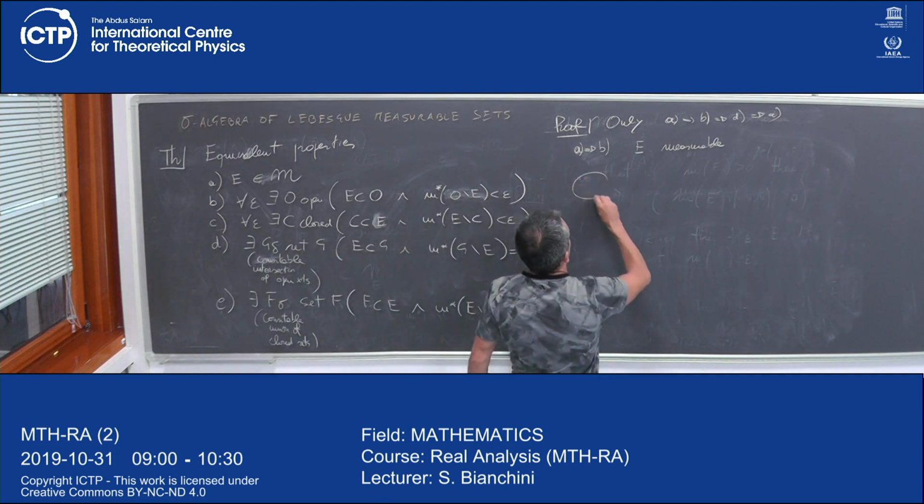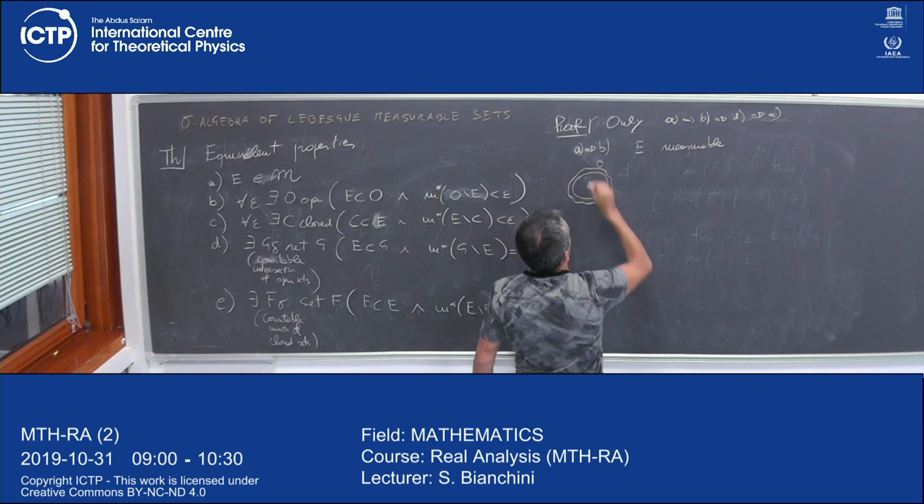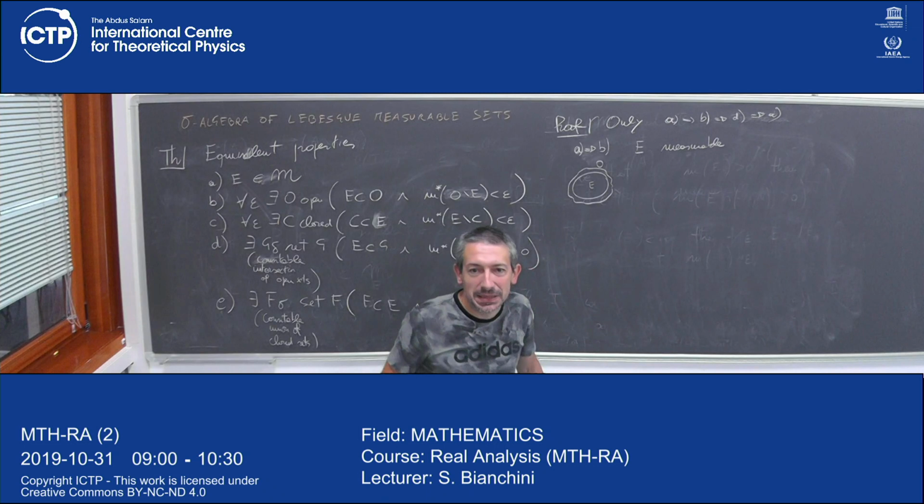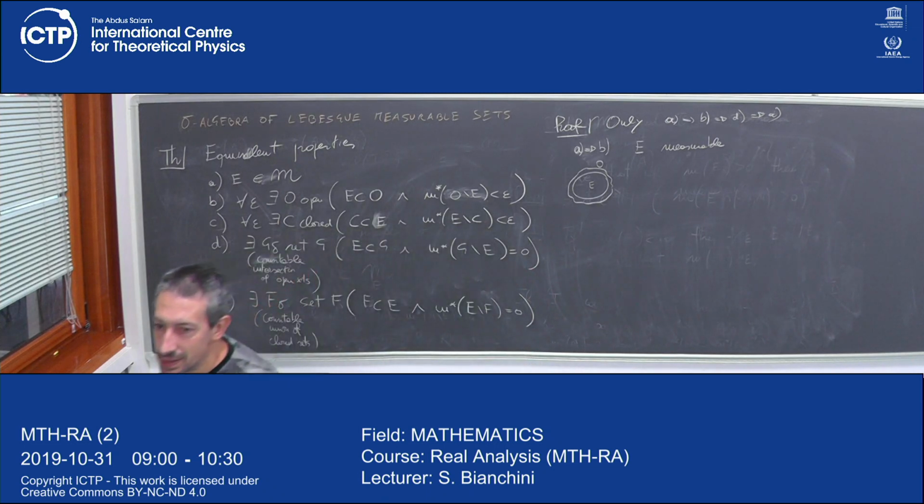So I have E, I have this O, which is built by, well, it's something which has essentially the outer measure of E. It's a open covering, and then what I use?